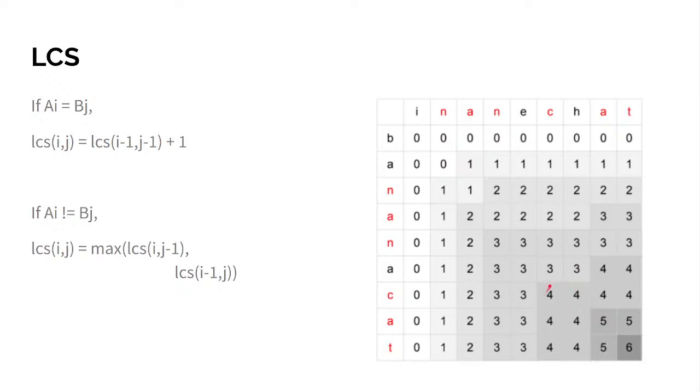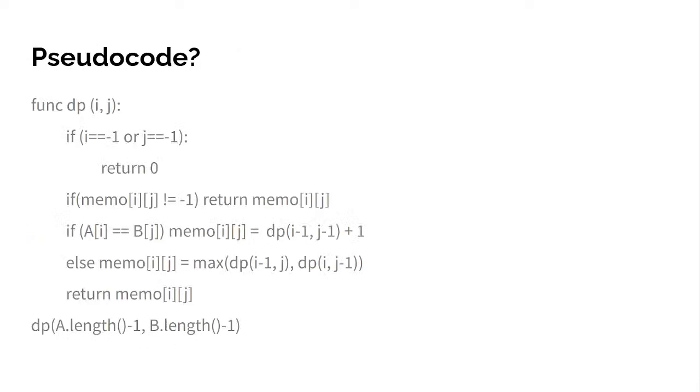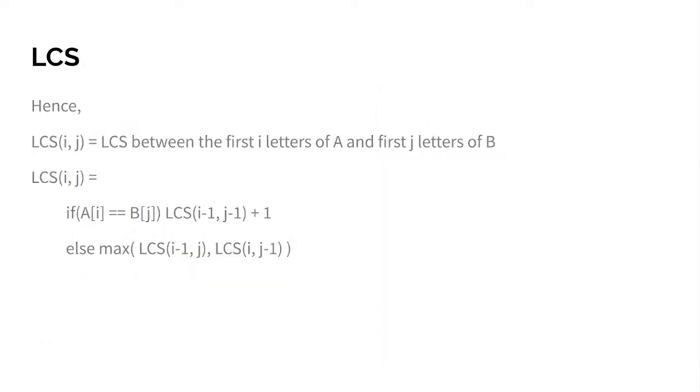C equals c, so 3 plus 1 is 4. So basically this is your function. So solve it. Wow, it's not that hard. You get pseudocode, I guess. It's actually just this.